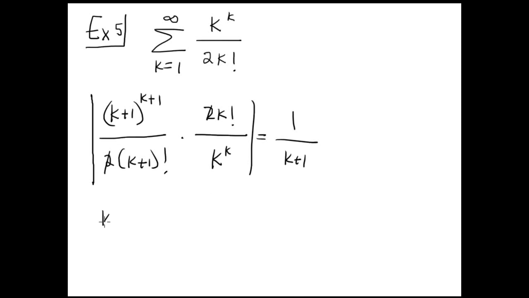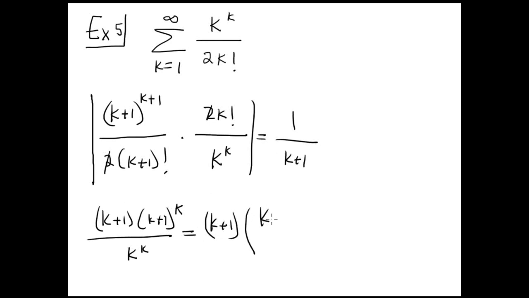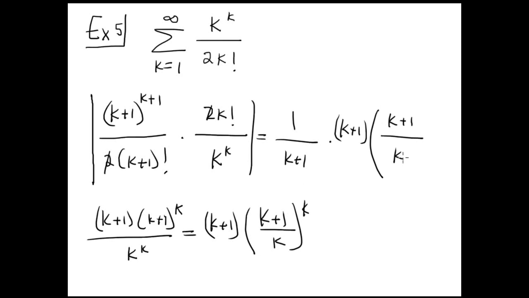And this is k plus 1 times k plus 1 raised to the k power divided by k to the k power. You group it, this is k plus 1 over k raised to the k power. And we have k plus 1 times k plus 1 over k raised to the k power.